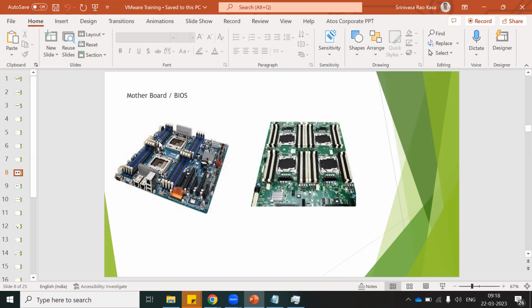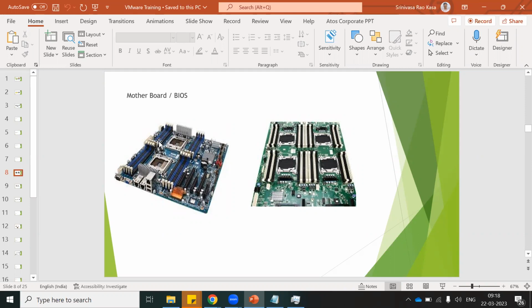By using this virtualization layer, we are going to host multiple servers. On one physical server, we are going to host maybe 50 servers or 70 servers or 100 servers based on the configuration. That's what we need to understand, what hardware and what specifications it can support.